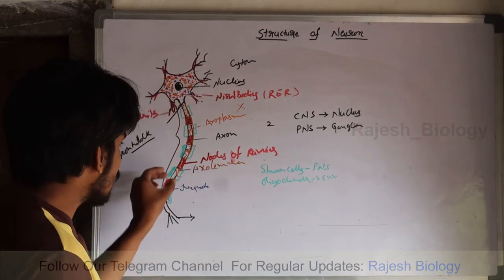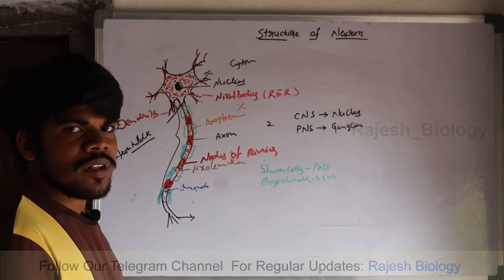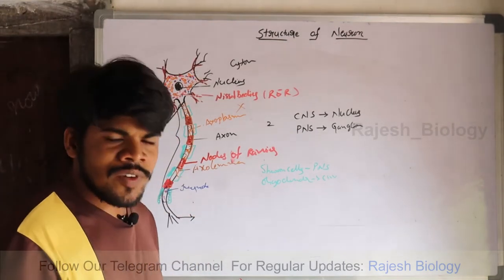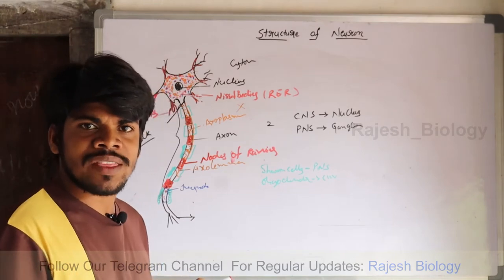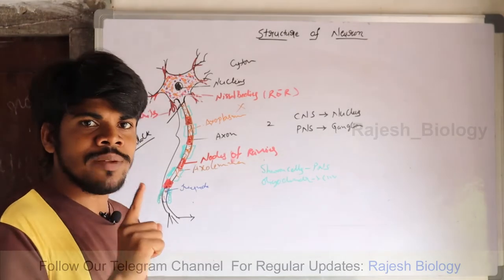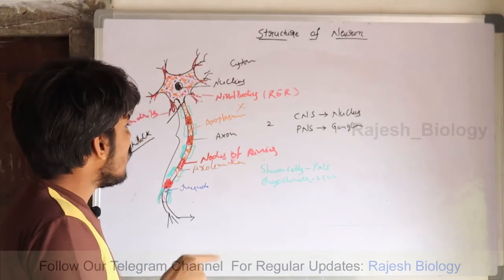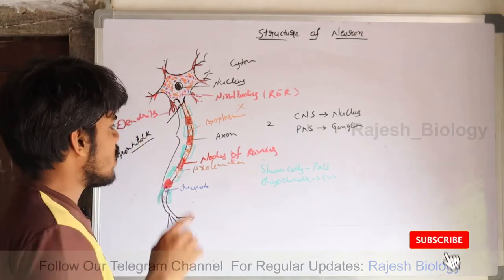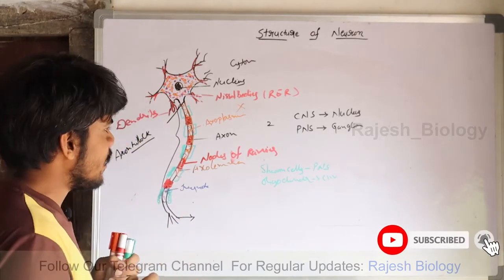So this is the structure of the axon. The axon has special terminology. The plasma lemma of the axon is known as axolemma, and the cytoplasm present in the axon is known as axoplasm. That axoplasm doesn't have any Nissl bodies but has neurofibrils, which act as a cytoskeleton.